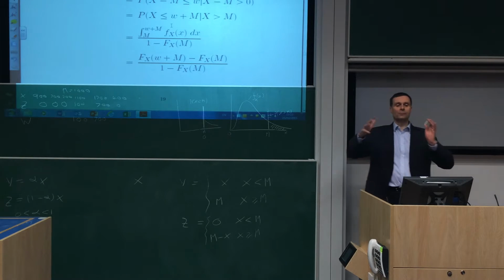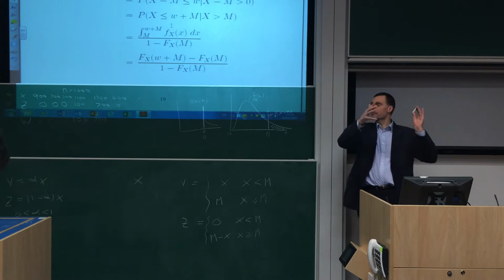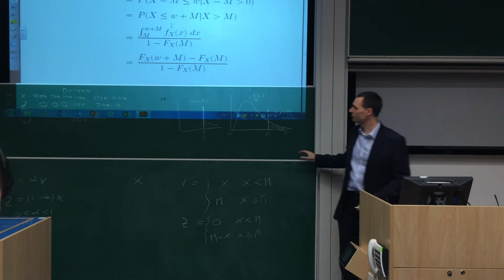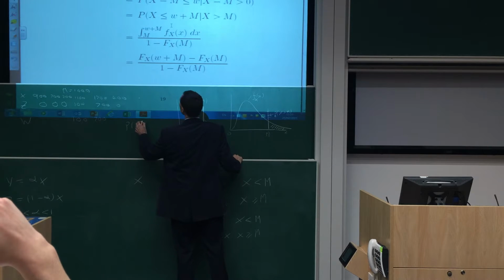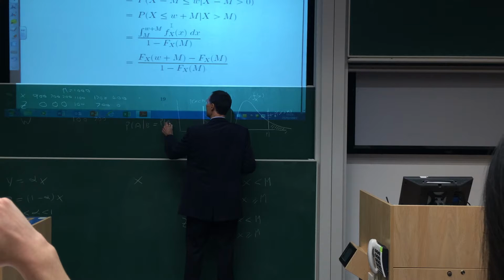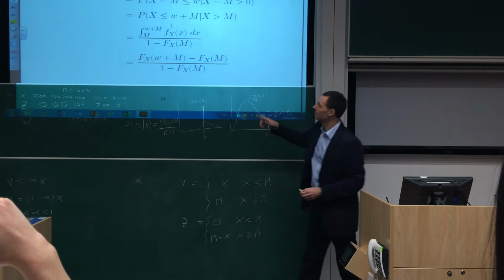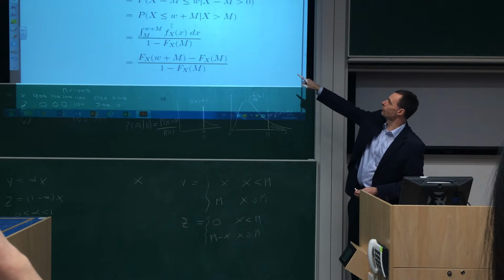So this is A given B. A given B can be written as A and B divided by the probability of B. I'm using the standard result that the probability of A given B equals the probability of A and B divided by the probability of B. So what's the probability of both of those things?